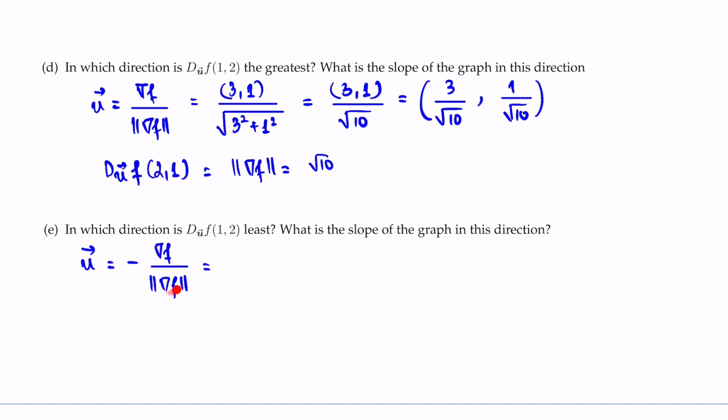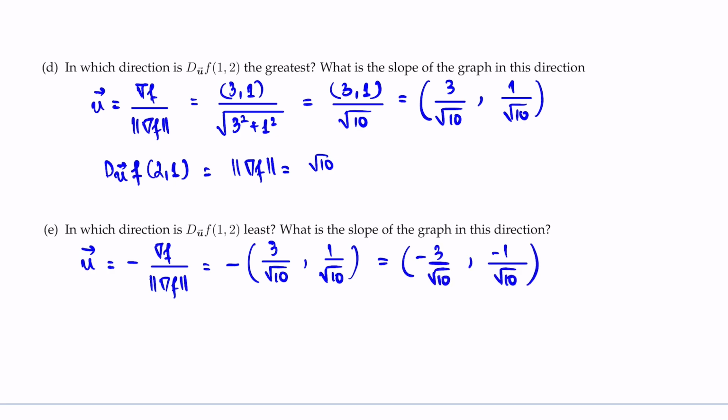So you have these calculations already in part D. You just need to put the negative in front, and you get negative of the vector (3 over root 10, 1 over root 10), or you can write this as (negative 3 over root 10, negative 1 over root 10). So in this direction, the directional derivative is going to be at a minimum value, or going to be the least. Or another way to say that, when the unit vector and the gradient vector point in opposite directions, f has its greatest rate of decrease.